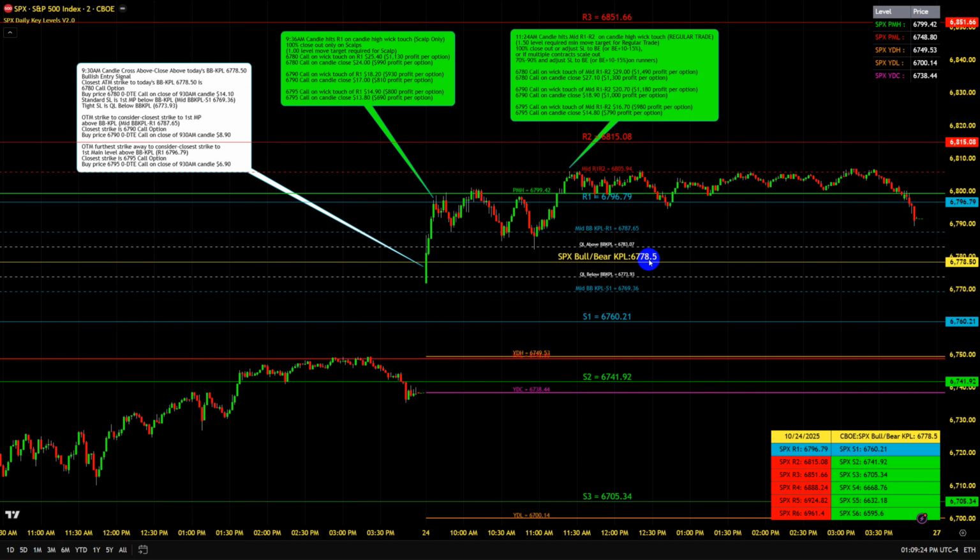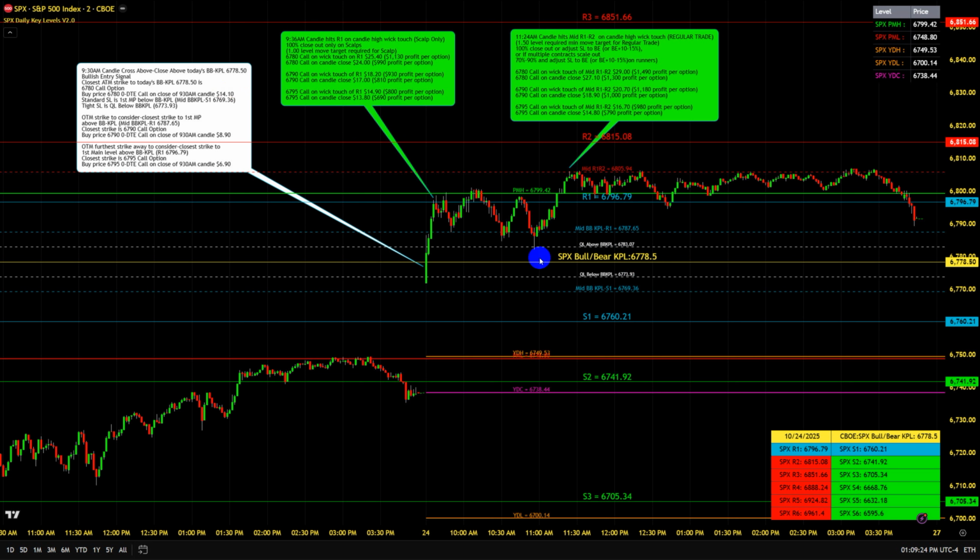So for example, 67.70, 67.75, 67.80, 67.85, etc. So this 67.80 call is the closest strike to the level that we're trading from, the bull bear key price level 67.7850.